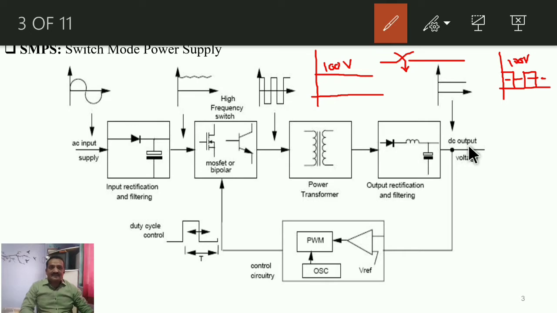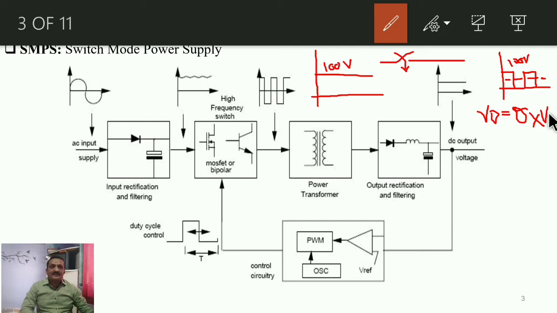Slightly it is somewhat more complex in designing as compared to the linear DC power supply which we studied in our previous discussion. So here, how much will be the average value? It's very simple, remember this formula: VO equals capital D into Vin.